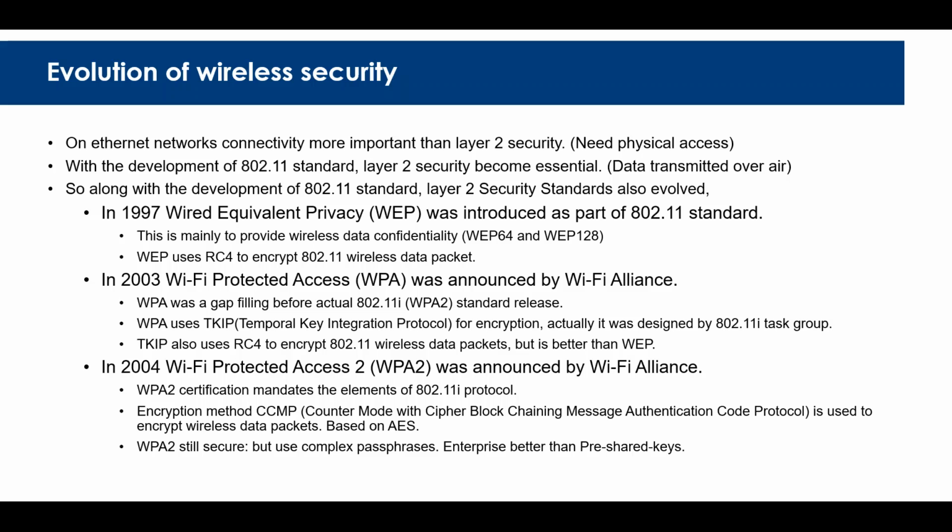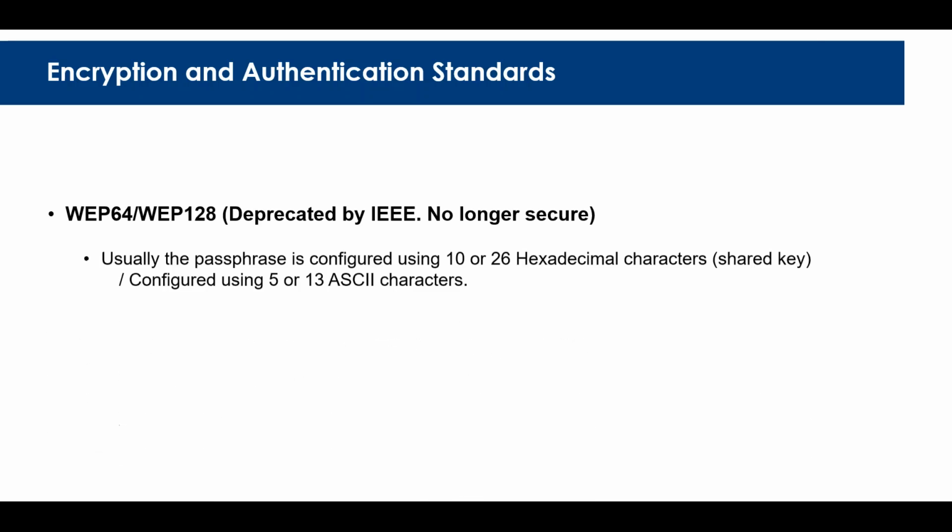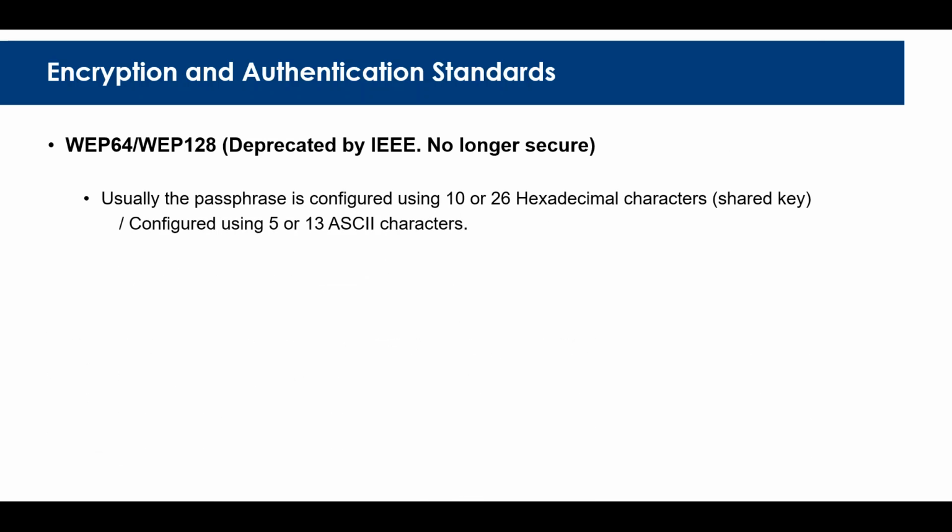WPA2 is still considered secure, but it is recommended to use complex passphrases, and better if you use WPA2 Enterprise than WPA2 PSK. In 2018, Wi-Fi Alliance announced a new evolving standard, WPA3. I mentioned this is an evolving standard; I'll be talking about more details in the following slides. Let's look into more details about each encryption method.